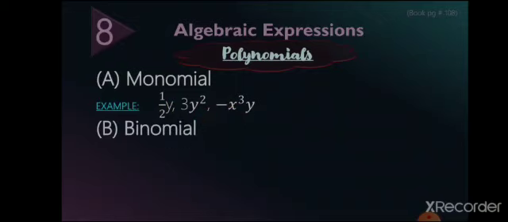Okay, next is binomial. So a binomial is a polynomial consisting of 2 terms, like 1 by 5x plus 2y square, means these are 2 terms with operator. These terms were not with operators, these were written separately. These are separated with commas. This is one term, second and third.